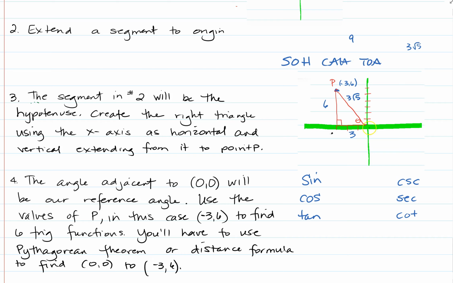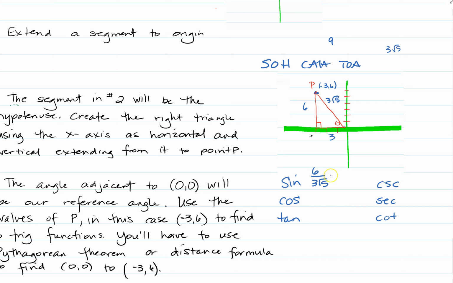So now my sine of theta, here's theta, and if you need to write SOHCAHTOA, do it. The sine of theta is opposite over hypotenuse, so it's 6 over 3 root 5. Well, this does simplify, but I like to wait till I simplify, and you'll see in a moment. Because the cosecant is actually the reciprocal of this, and it's 3 root 5 over 6.